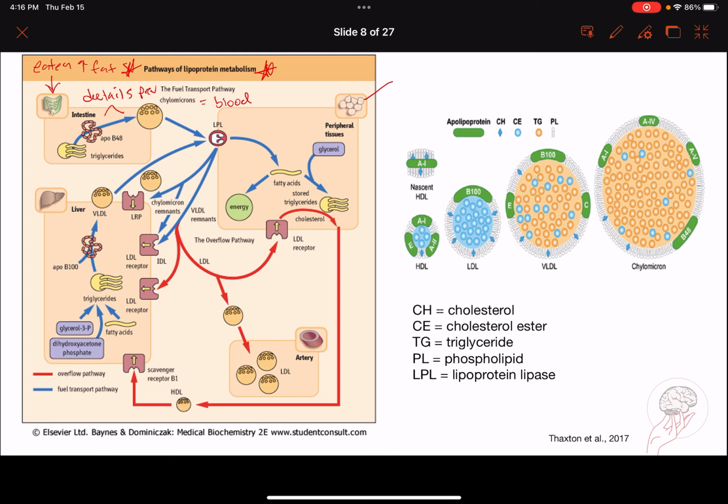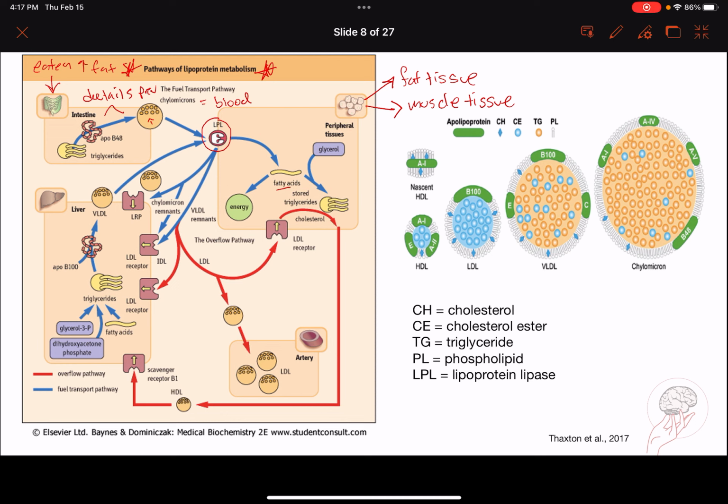When we have peripheral tissues, think fat tissue, think muscle tissue. And these tissues have lipoprotein lipase. Again, lipoprotein lipase is clipping triglycerides and free fatty acids out of the chylomicron. So it clips these out.